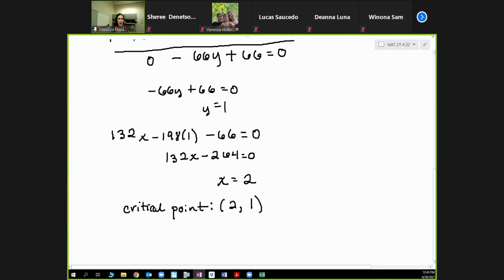So that was all step 1. We set those two partial derivatives to 0 and solve. And now we have our critical point 2,1.